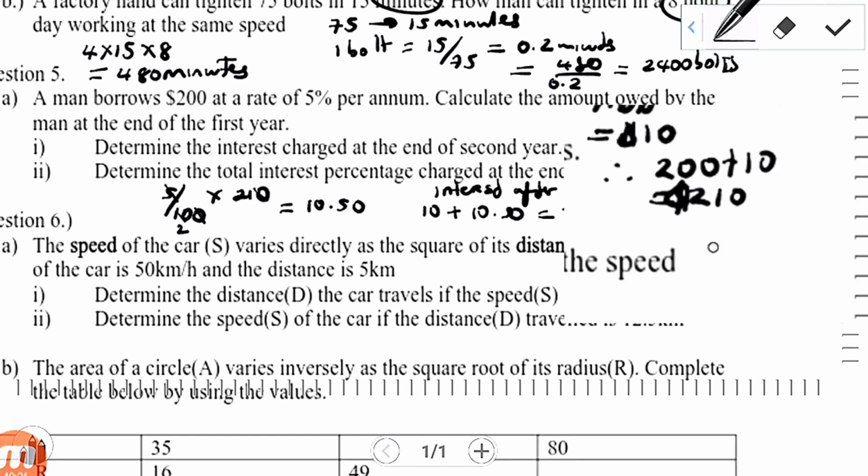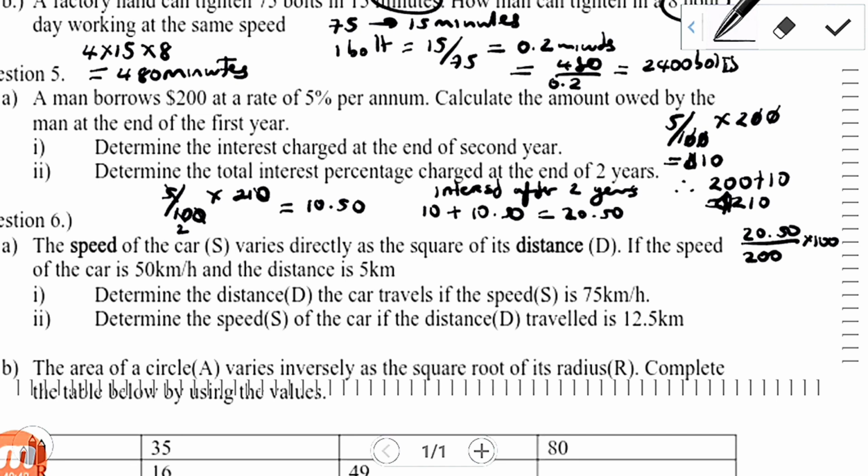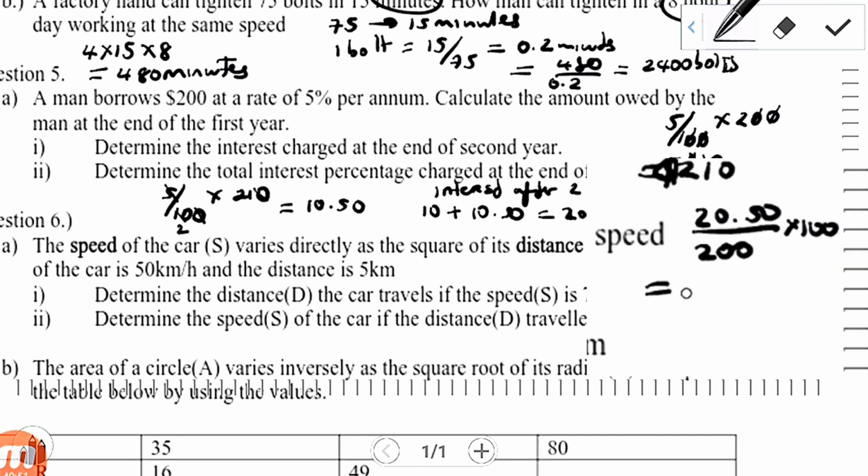So therefore we'd say $20.50 divided by the initial amount that was borrowed, which was $200, and we're going to multiply that by 100. That's how you have to remember that interest is charged. So clearly, when the man borrowed the money at 5%, he eventually made a total of 11%.